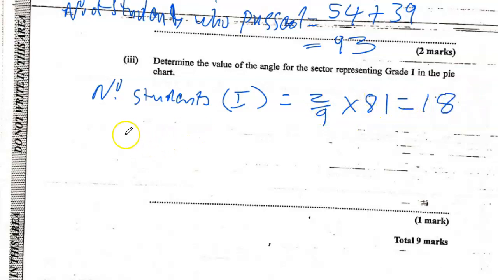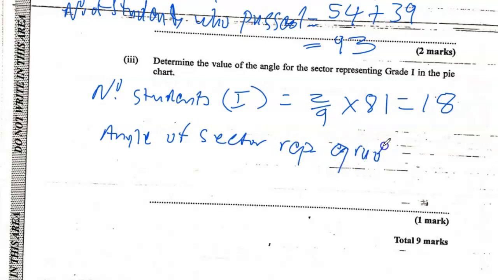So the angle of the sector representing grade 1 would be, the amount of students in grade 1 is 18, and the total number of students was what? 120.